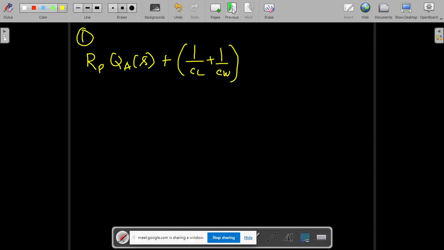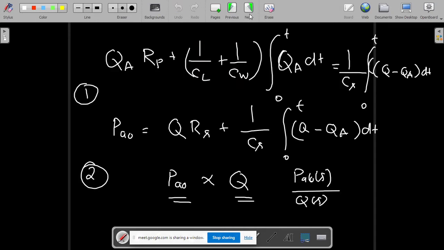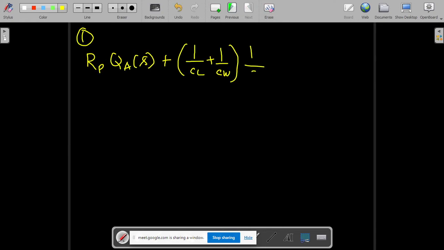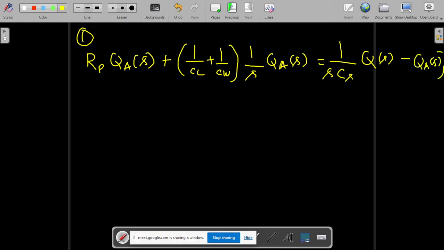Whenever you have an integral, when you take Laplace, it becomes 1 by S. Okay, so it is 1 by S QA of S is equivalent to 1 by CS into S into Q of S minus QA of S. So this 1 by S is common.